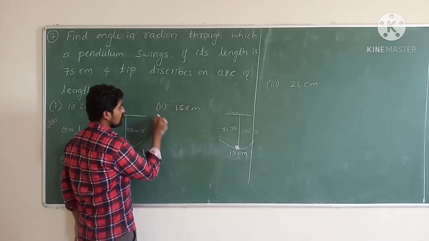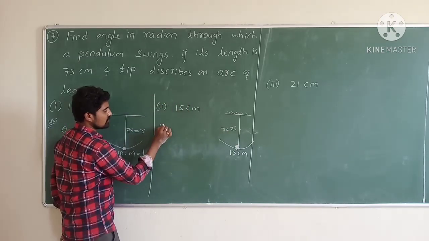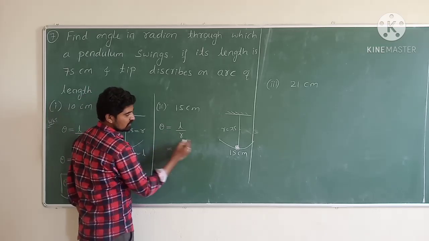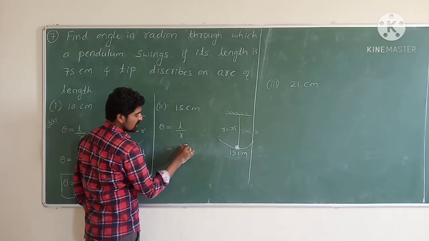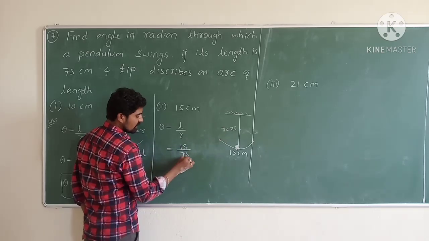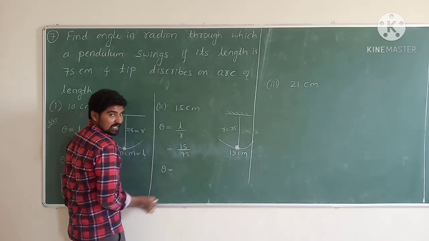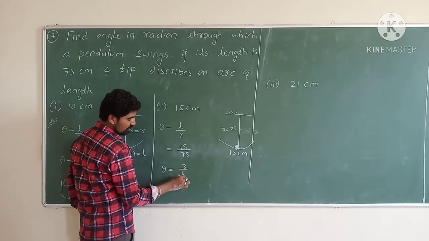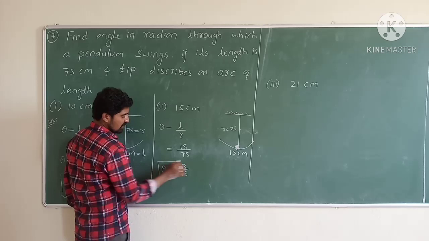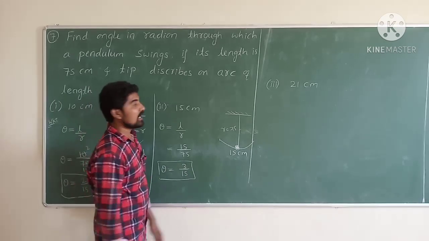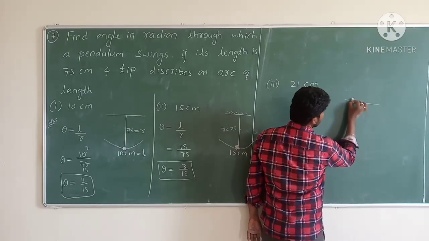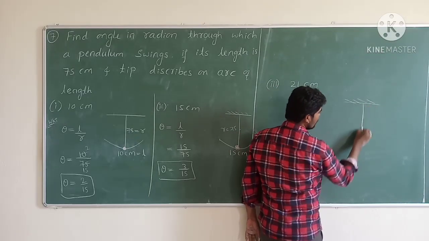Therefore the required angle theta is equal to L divided by R, which is 15 divided by 75. Hence the required angle theta is, 5 threes are 15, 5 ones are 5 fives, so 3 by 15 radians.